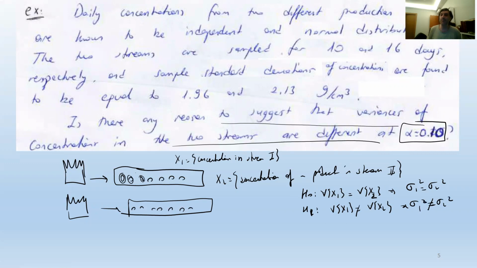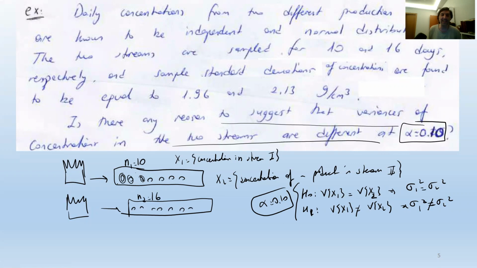So this is the hypothesis test at hand, and we would like to conduct it at a significance level of 0.10. So we collect two samples: the first consists of 10 observations, and the second is a sample of 16 observations.